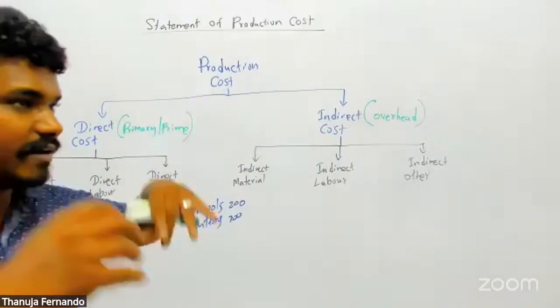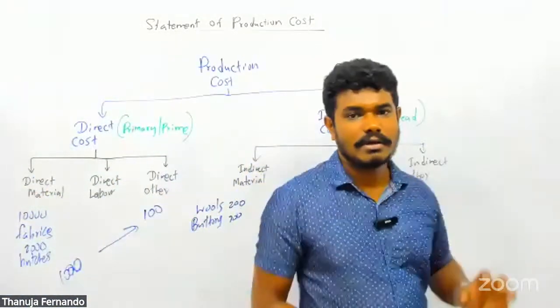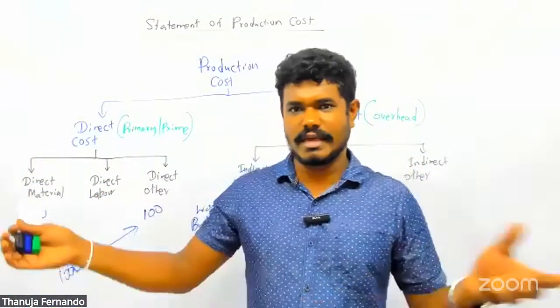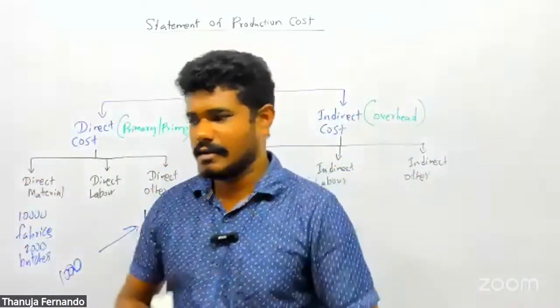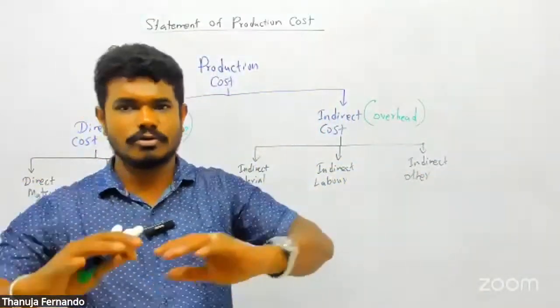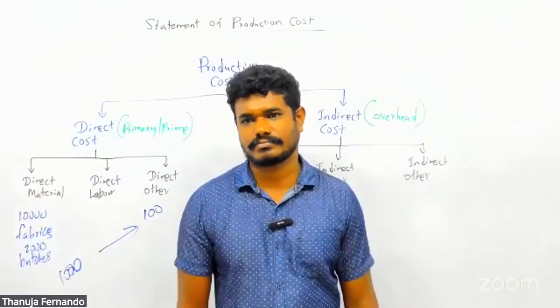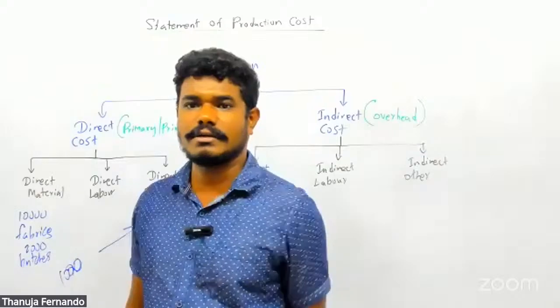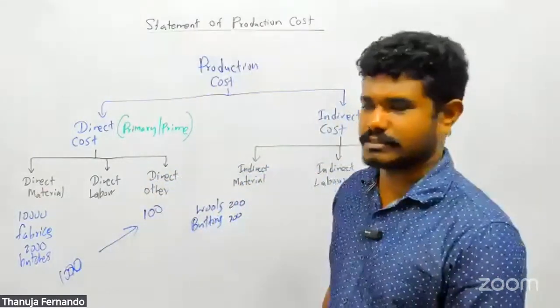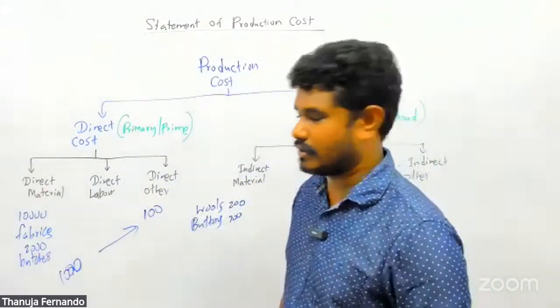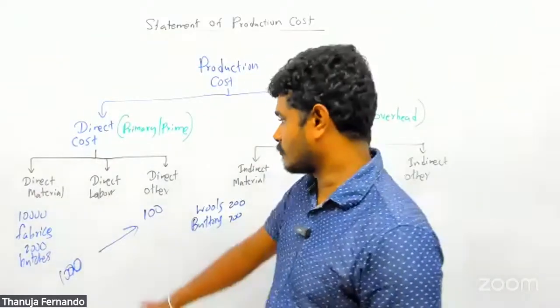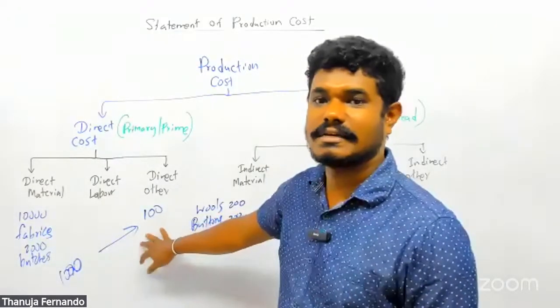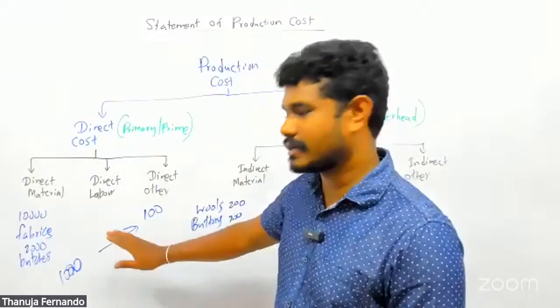Then if they agree to give you that certain amount, then they can produce. Both parties can come to an agreement and do the same. So that kind of thing directly affects the cost of that product. Those expenses, that kind of cost, we can consider as direct other.